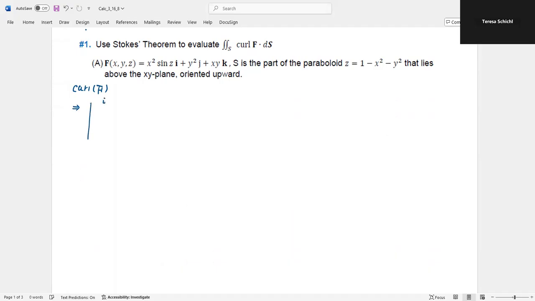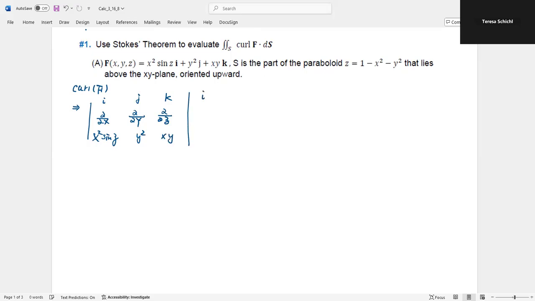We put i, j, k, then the operator row x, row y, row z, and then my function: x squared sine z, then y squared, and xy.